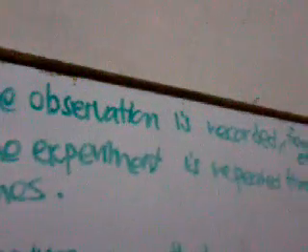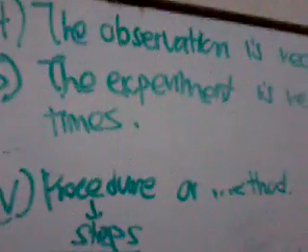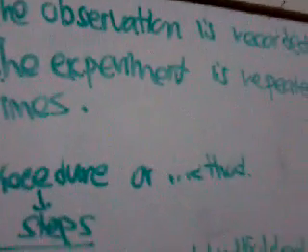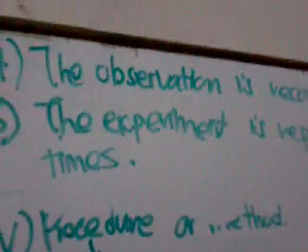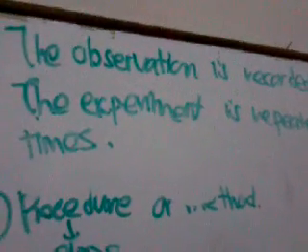You can write like this also and get 1 mark too, because "the observation is recorded" is not much detail, but "the observation is recorded from this experiment" has more detail. So step 5, the experiment is repeated 3 times. It's really simple to answer. Okay, let's go to the next part.